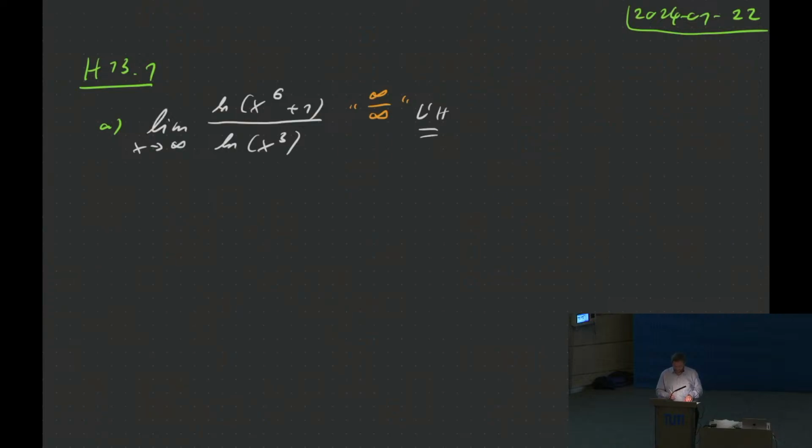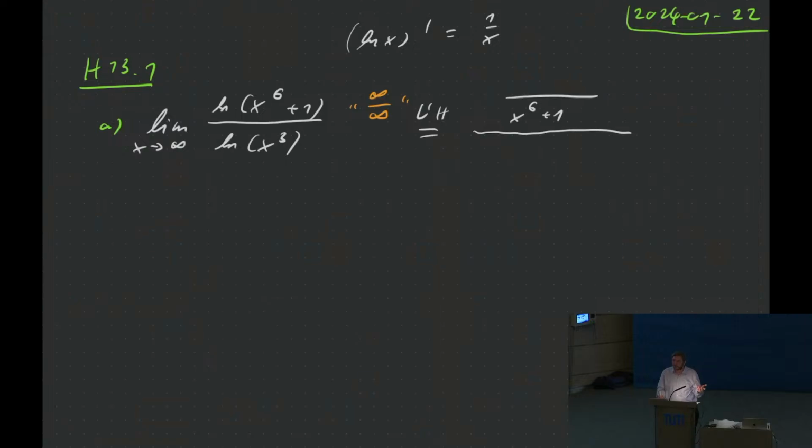So in that case, if we differentiate the ln, you remember that the derivative of the ln is 1 over x, right? So in this case, we have to use chain rule. That means first we have 1 over the argument. So for the numerator, we get 1 over x to the power of 6 plus 1.